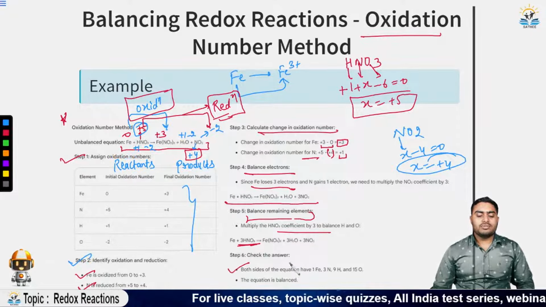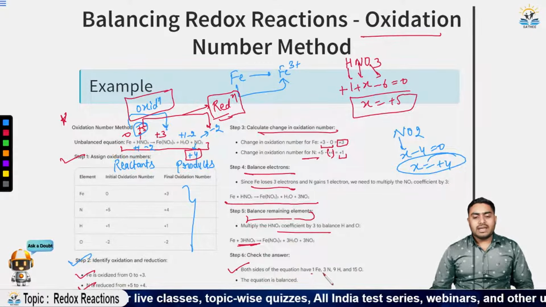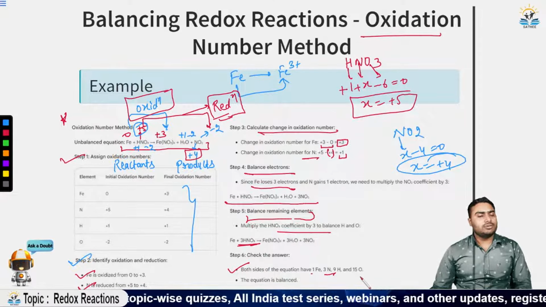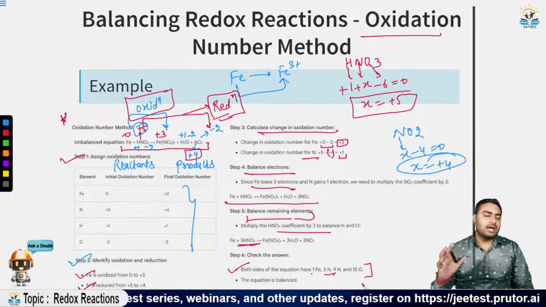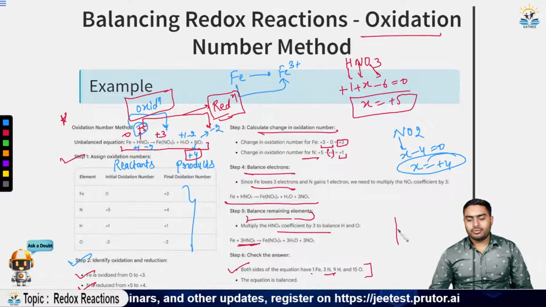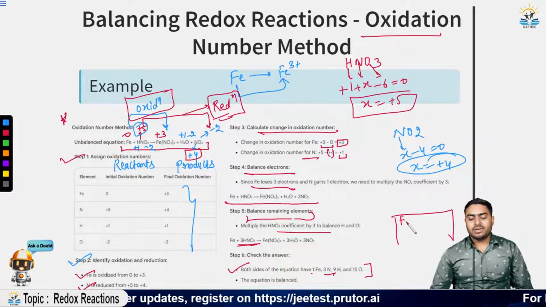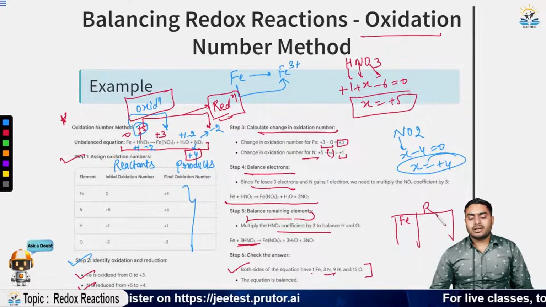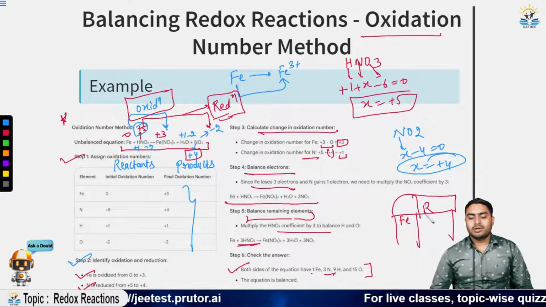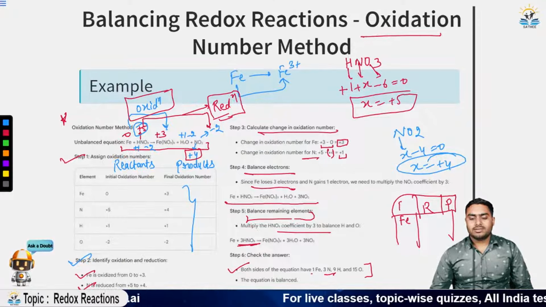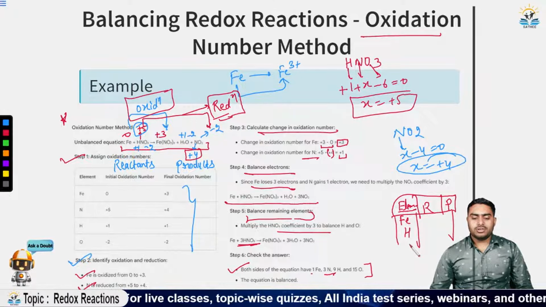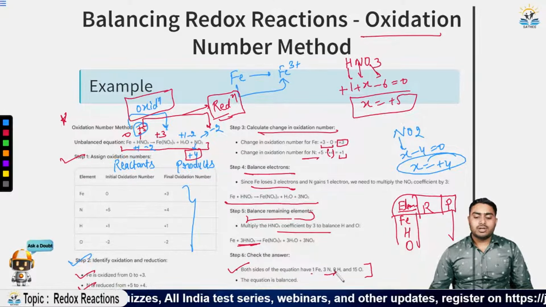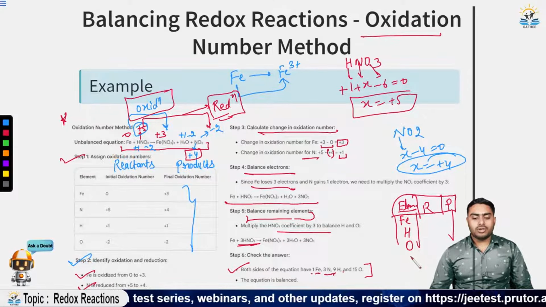Check the answer on both sides of the equation. Iron, nitrogen, hydrogen and oxygen are balanced. If you make a table, here will be the element, here the reactants and here the products: iron, nitrogen, hydrogen and oxygen.